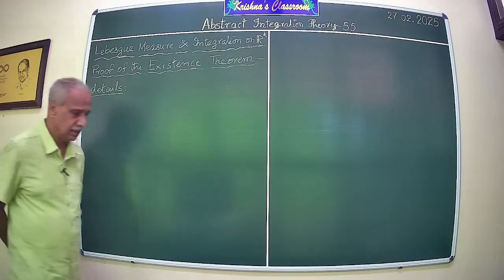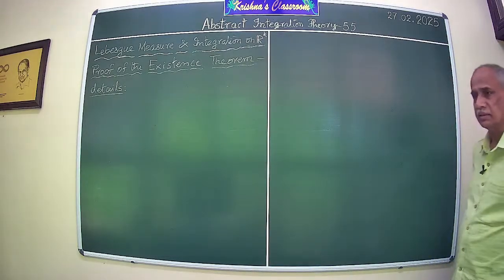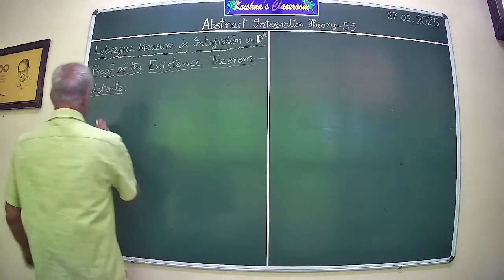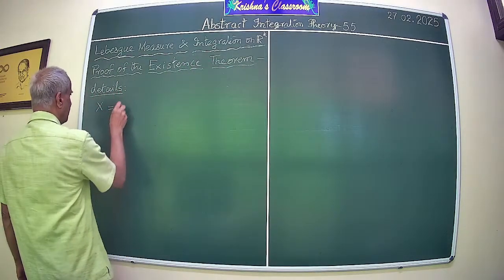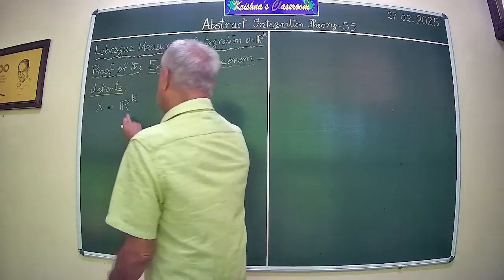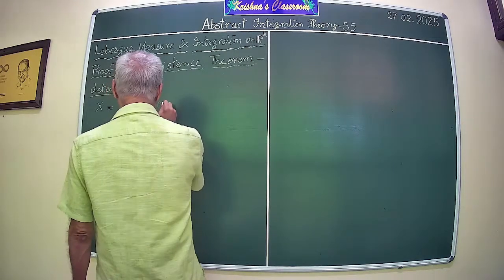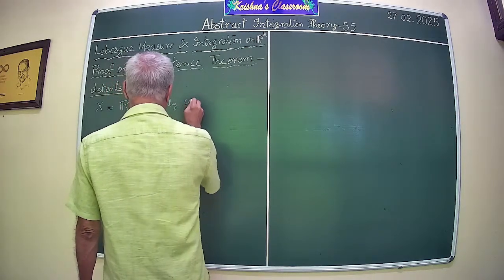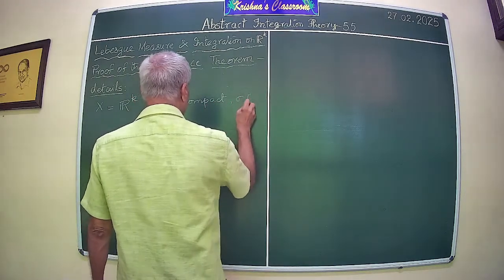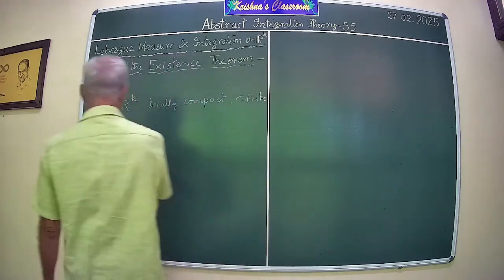In this process, we had to construct a linear functional on C_c(R^k). So this is the situation: X is equal to R^k. R^k has all the properties, namely it is a locally compact, sigma finite Hausdorff space.